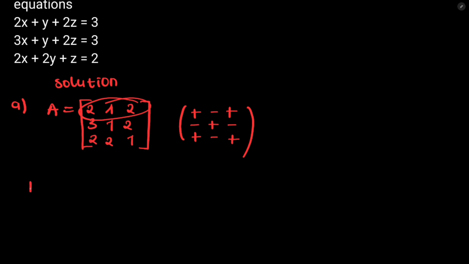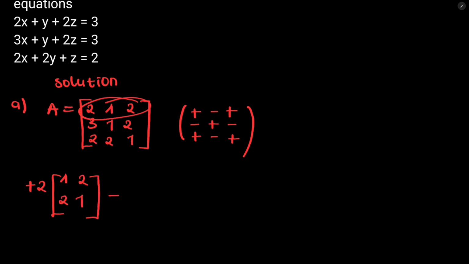Let's start with the first number, plus 2, times. Let's cancel its row and column. We are left with 1, 2, 2, 1. Take the next number, minus 1.